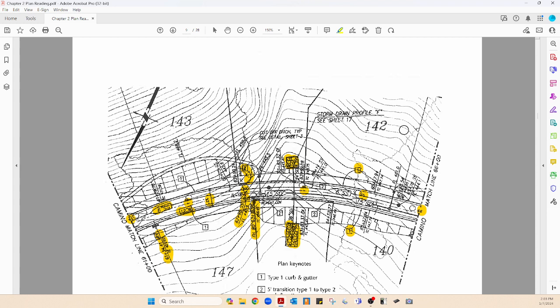So the two vertical curves go from, and you see them here, this one and this is the other. So this vertical curve goes from here to here, and this one, as you recall, is the concave and the convex is down here, but this one goes from this point to this point.